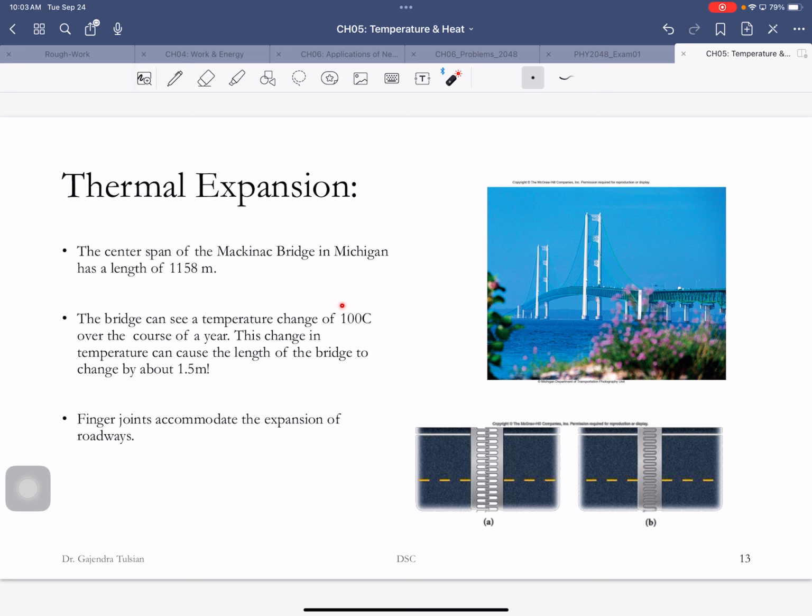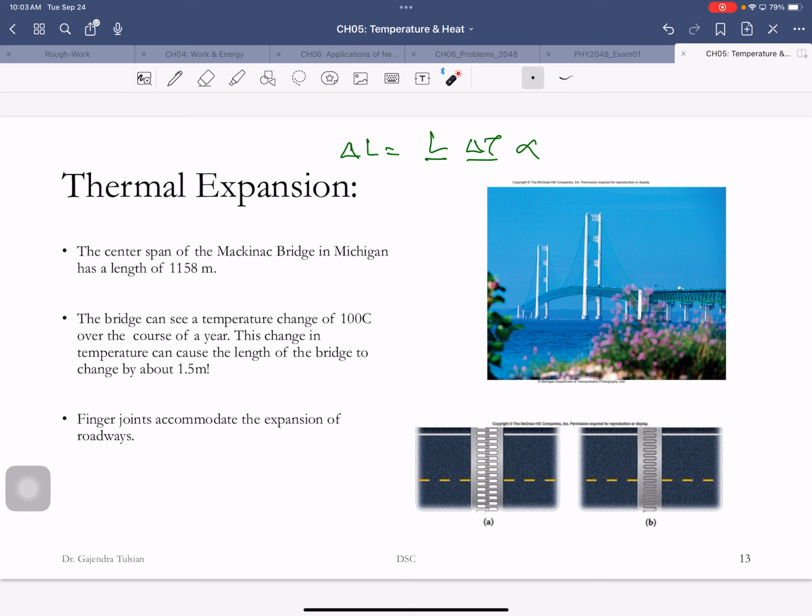You can do the numbers on this: L is the length of the bridge, change in temperature is 100, and alpha. This bridge would expand 1.5 meters. 1.5 meters is your height. So that's how much the bridge would expand.